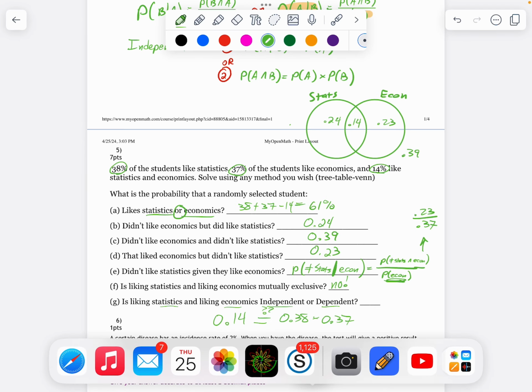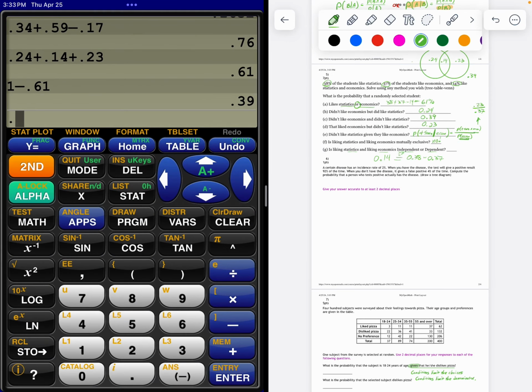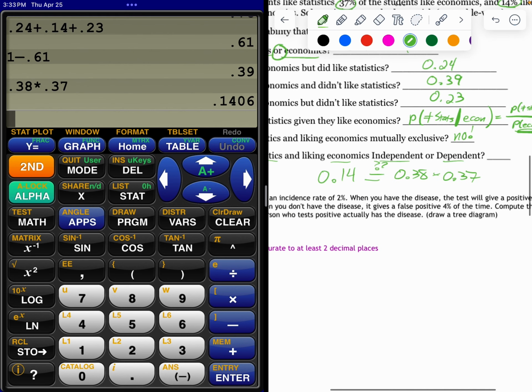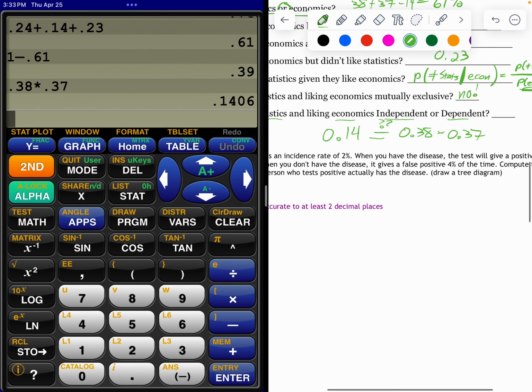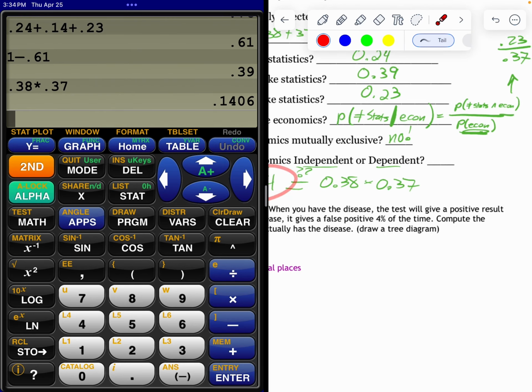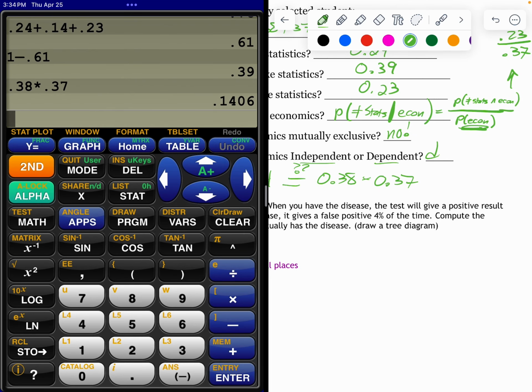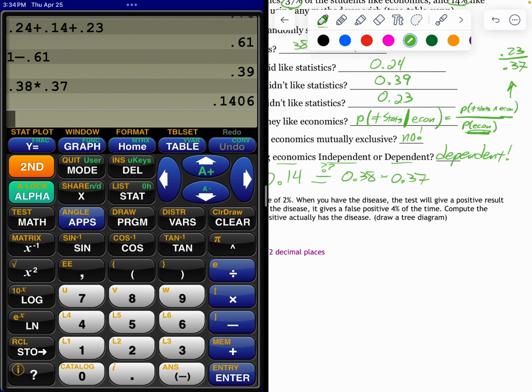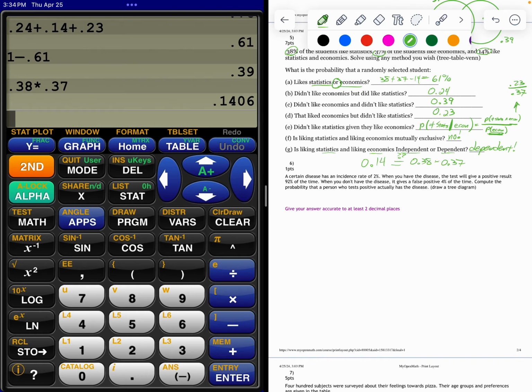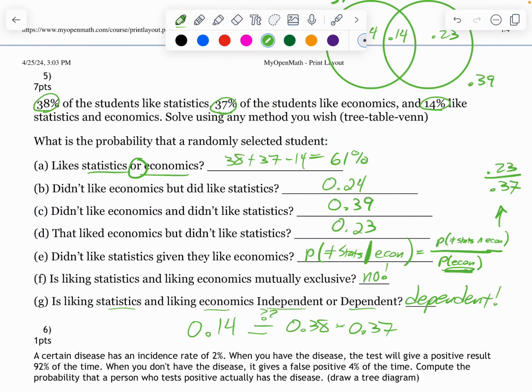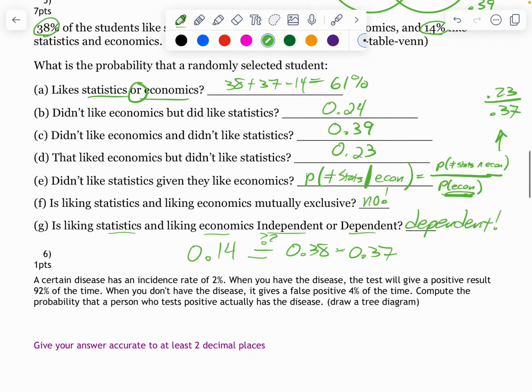I don't think they are, but let's just make sure. And nope, that does not equal. Oh, it's really close. You might be thinking, I'll look the other way. It has to be, folks, it has to be exactly 14. It's really, really close, but it is not. So they are dependent, meaning liking one of those classes has an impact on the probability of liking the other class.